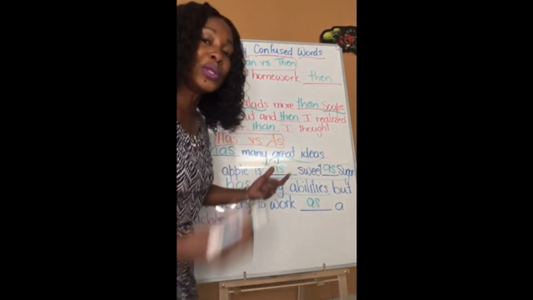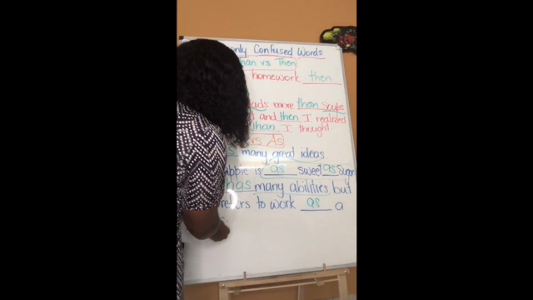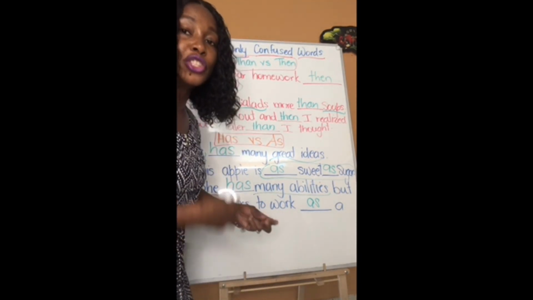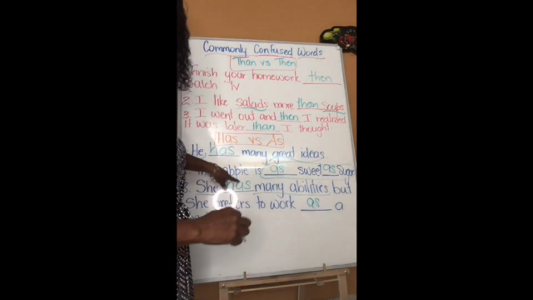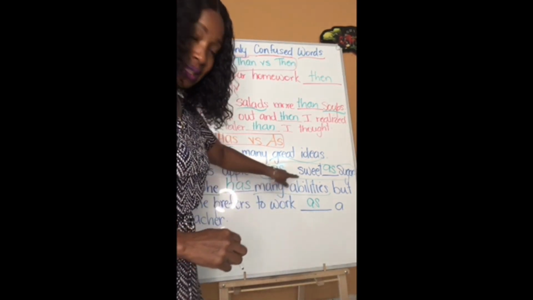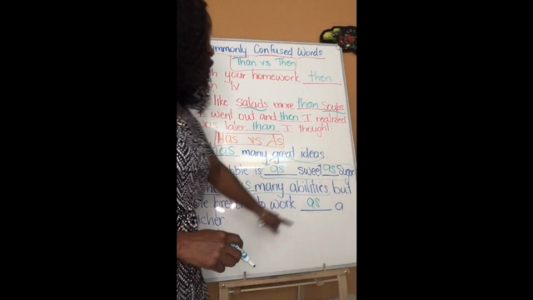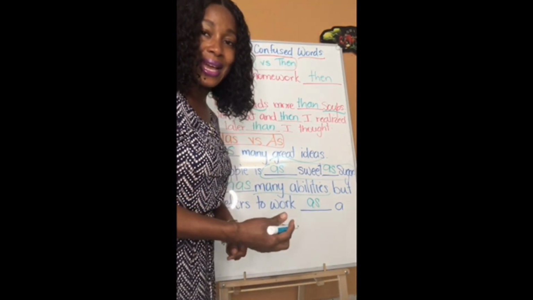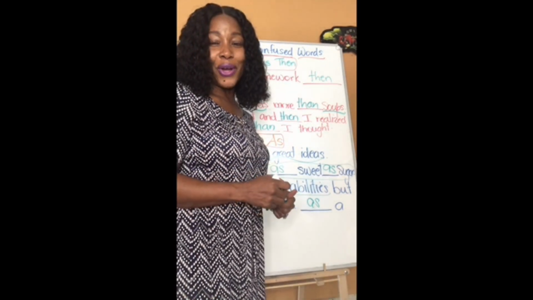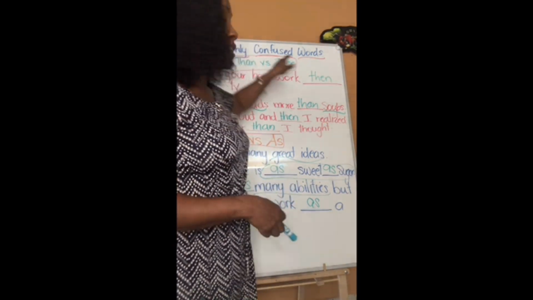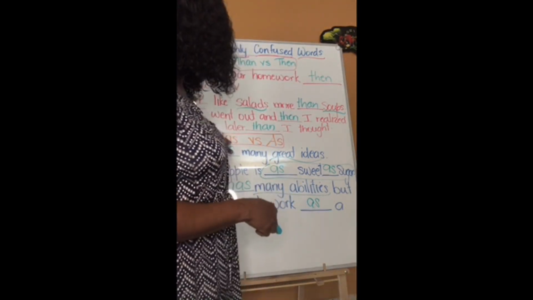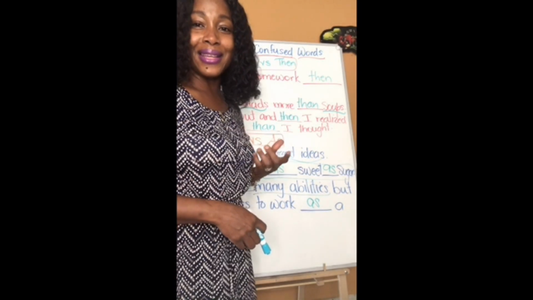So you're associating her with her function. How does she function? She works as a teacher. So she has those abilities, but she prefers to work as a teacher. All right? Hope you understand than versus then, and also has versus as.